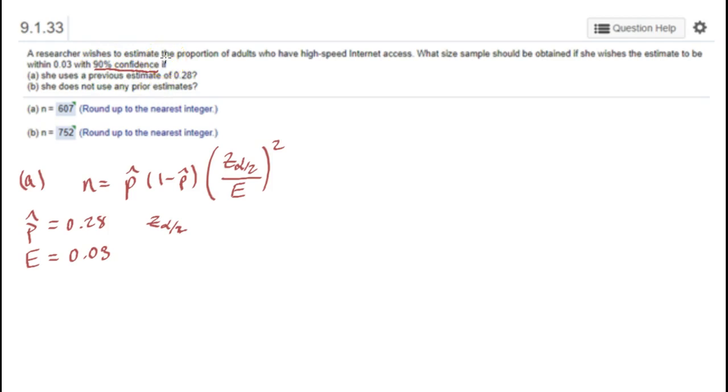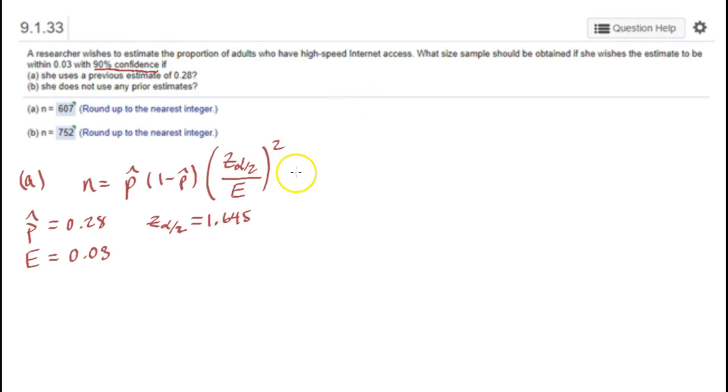For 90% confidence, we can find the critical value, or Z alpha over 2, and we would figure out that this is equal to 1.645 for 90%. If you had 95%, it would be 1.96. You may remember these. Anyways, you have similar problems to this in this section where you have to find a critical value based on a certain level of confidence. In this case, 90% is 1.645.